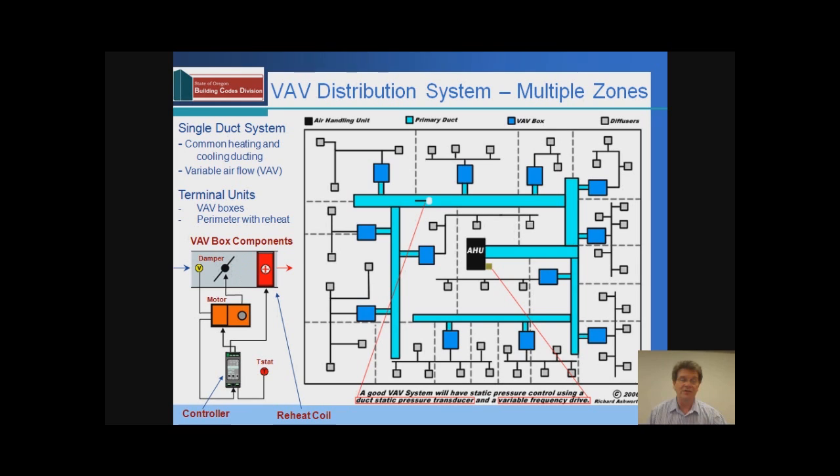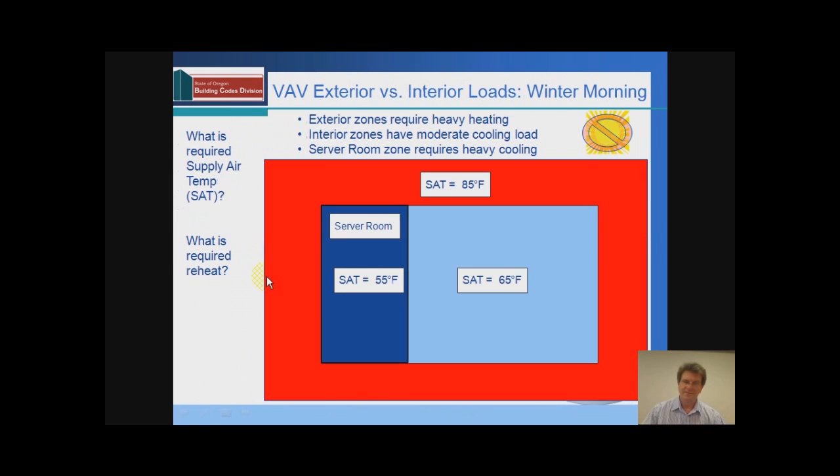And if we have a heating load, we reduce the cooling airflow, but we also heat it up with what's called a reheat coil, and that's where that reheat energy use comes from. So as an example of what might happen on a typical winter morning, as we're warming up the building, we might have part of the building that requires that cold air, say 55-degree cold air in the server room in the center of the building.